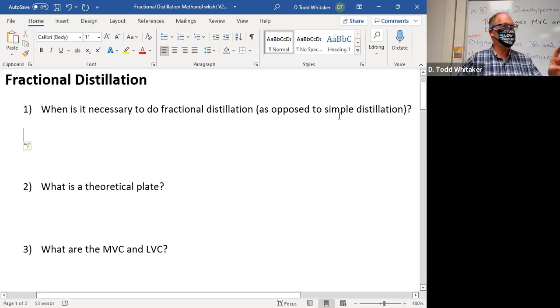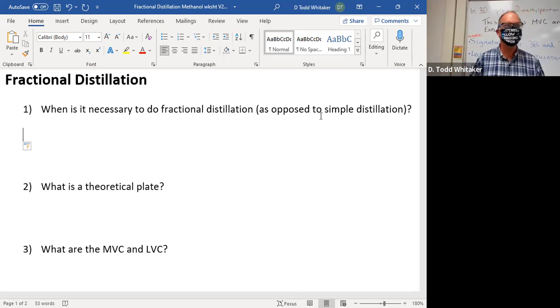She said separation of liquids with boiling points more than 20 degrees Celsius separated from each other. Oh, sorry, she was answering fractional or simple, and I answered fractional. Tweak that. Simple distillation, the boiling points are different by more than 20 degrees Celsius.